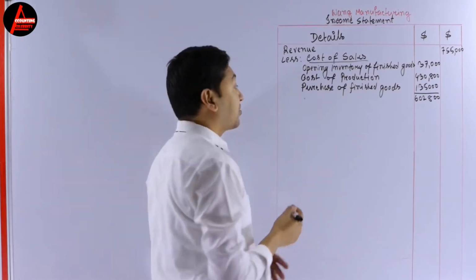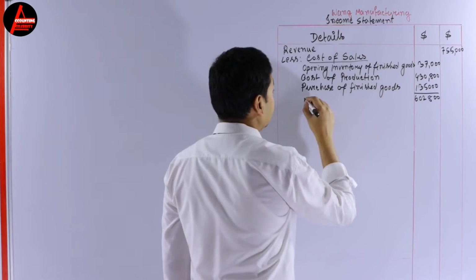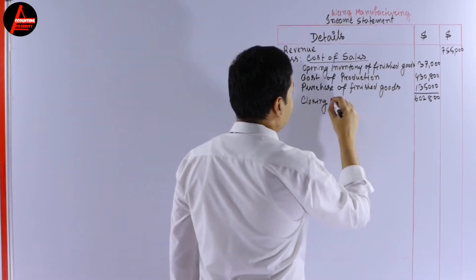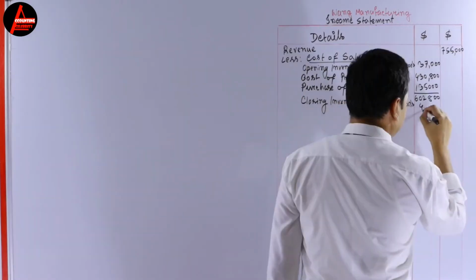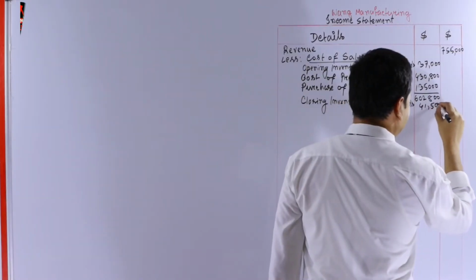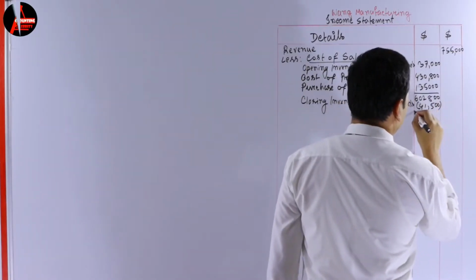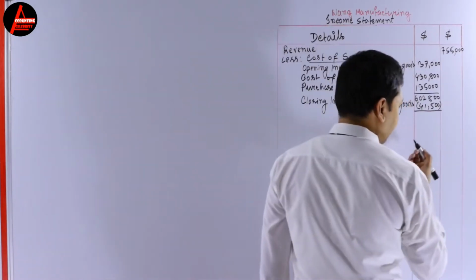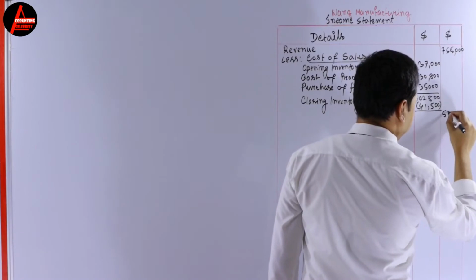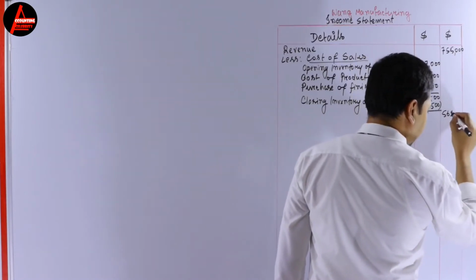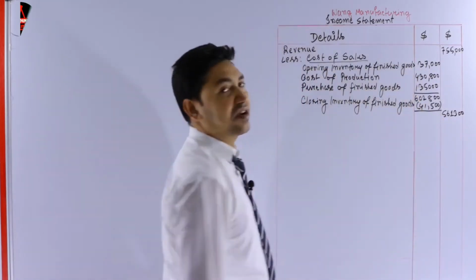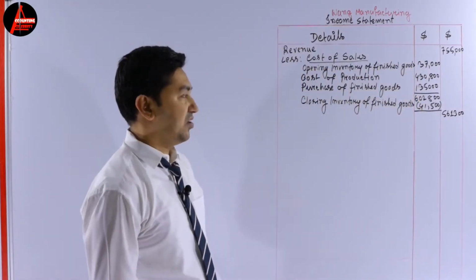Then what to do? Then we have to subtract closing inventory of finished goods, yeah? So right here, $41,500. So if we subtract, what is the answer? It is $561,300. So this is the cost of sales, okay?